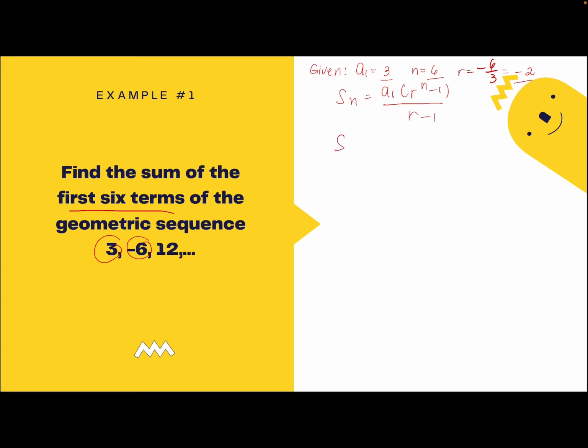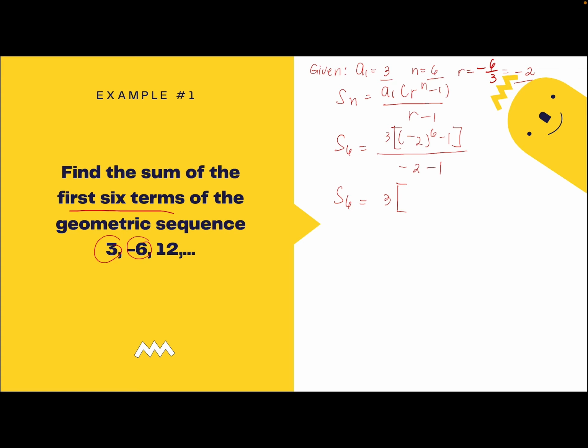So we have S sub 6 equal to a sub 1, which is 3, times r, which is negative 2, raised to 6, minus 1, over r, negative 2, minus 1. Let us simplify our answer. S sub 6 is equal to 3 times the quantity 64, since negative 2 raised to 6 means negative 2 multiplied by itself 6 times.